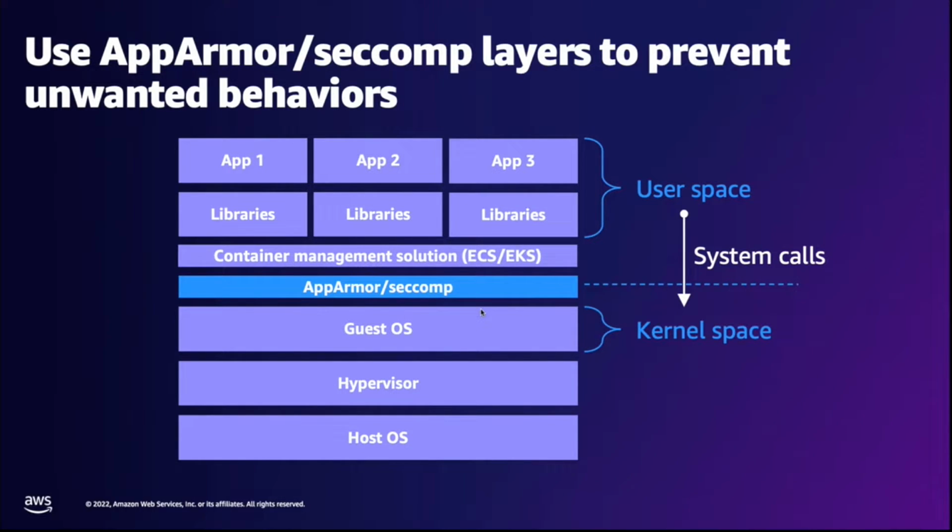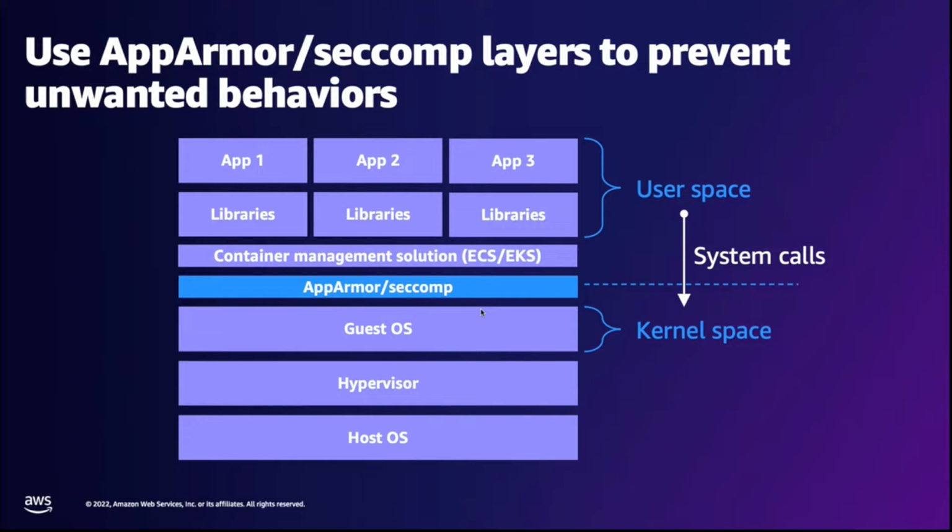On the other side, we may also leverage seccomp, a Linux kernel feature that restricts programs from making unauthorized system calls, or syscalls, which reduces the chance that a kernel vulnerability will be successfully exploited.